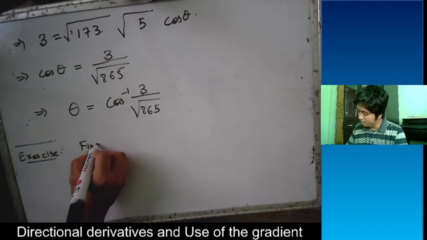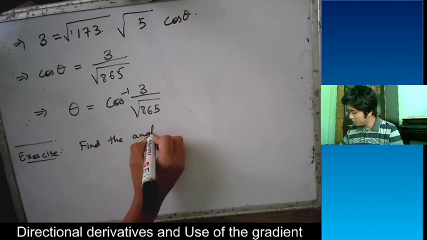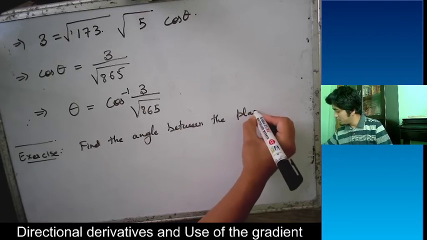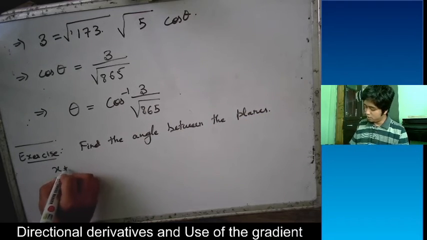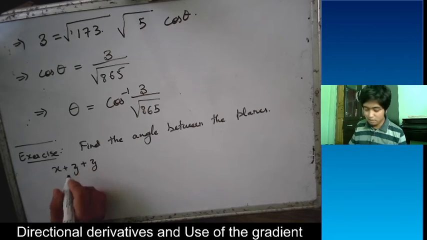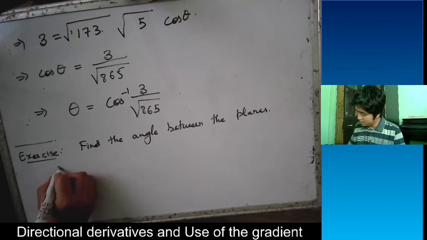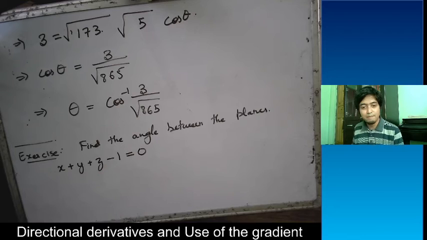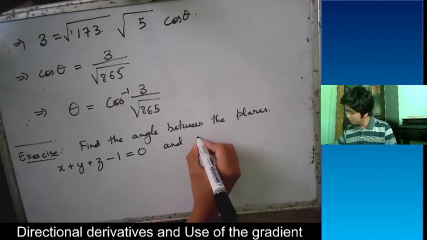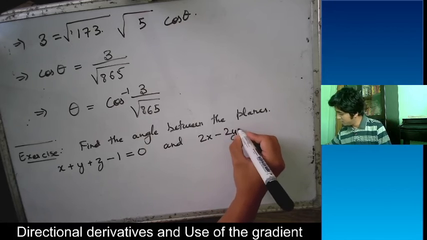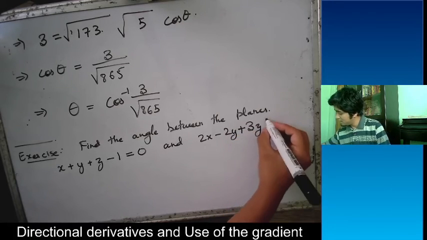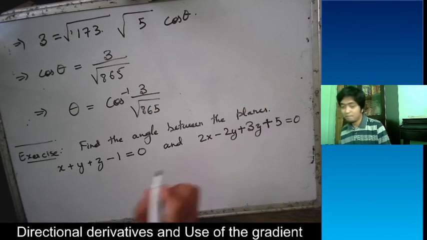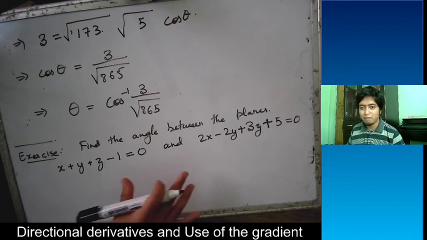Find the angle between the planes x plus y plus z minus 1 equal to 0, and 2x minus 2y plus 3z plus 5 equal to 0.